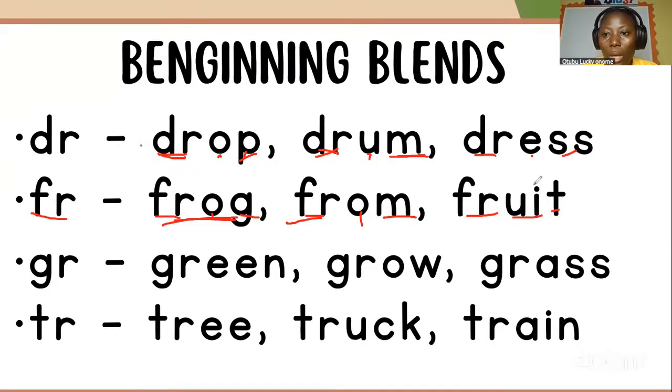Now, u and i says oo. It's a digraph that we are going to learn shortly. Fruit.